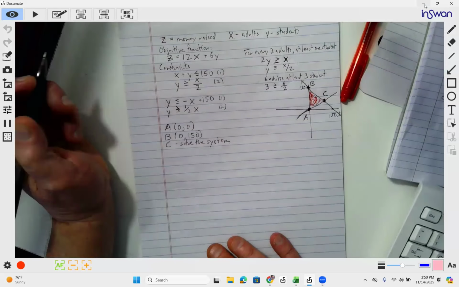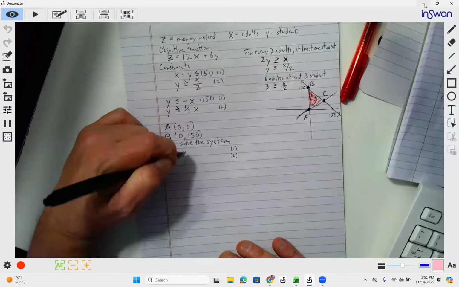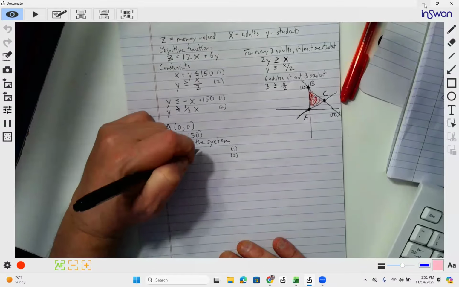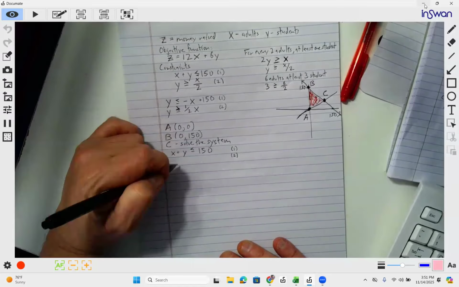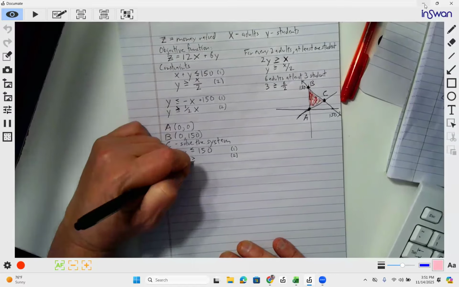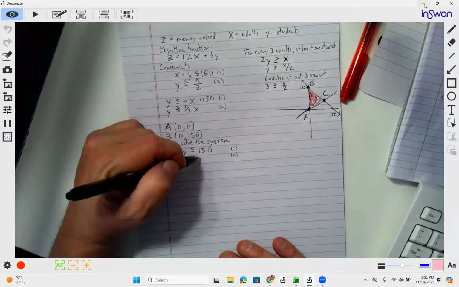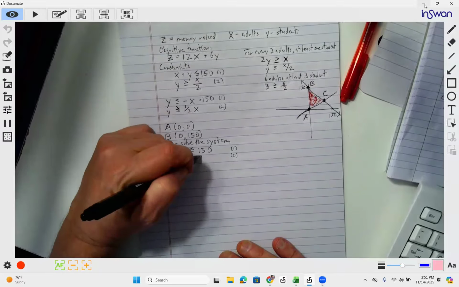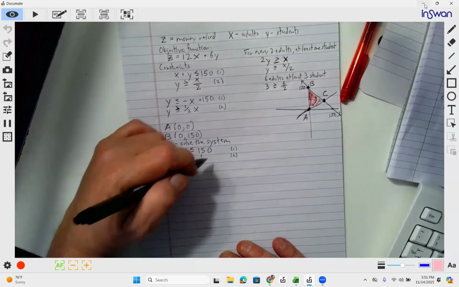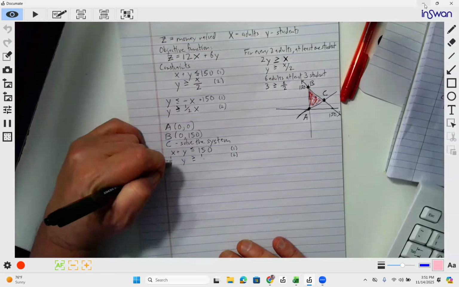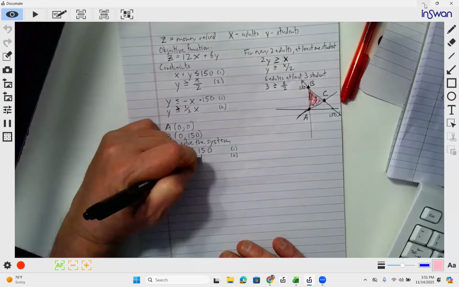So what is my system? I'm going to take 1 and 2. I'm going to put them both in general form, right? So this would be x plus y is less than or equal to 150, and negative 1/2 x plus y is greater than or equal to 0.